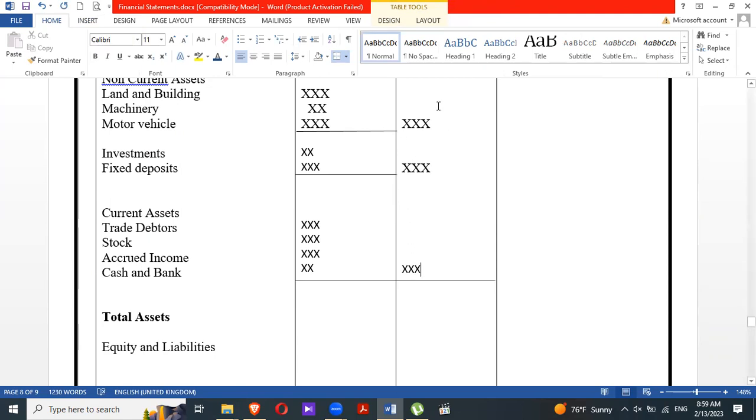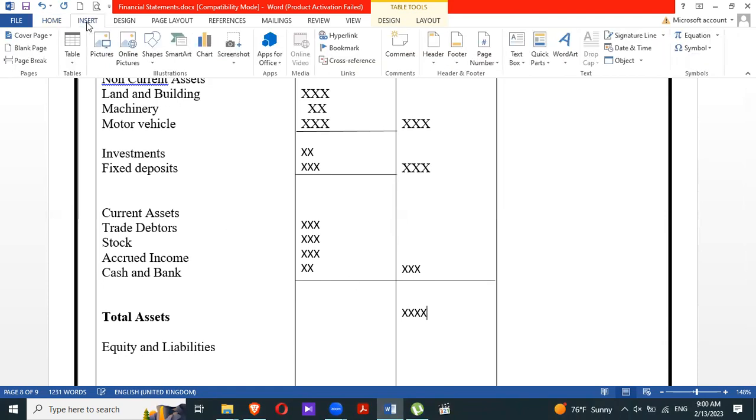Here, the non-current tangible assets, the non-current intangible asset total, then the total of current assets. We can take the answer as total assets.